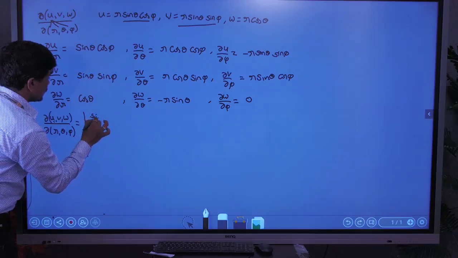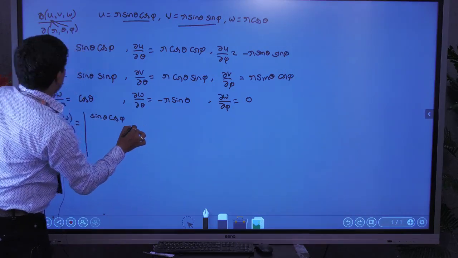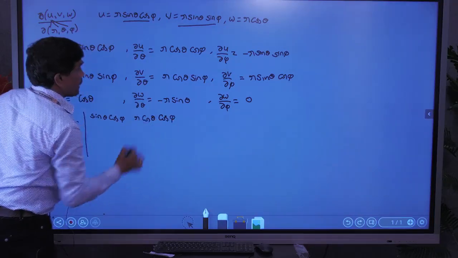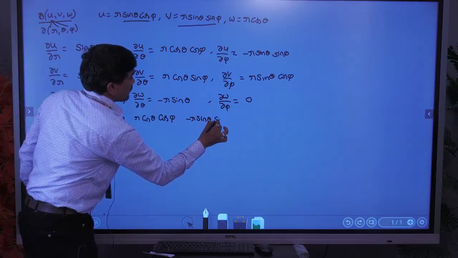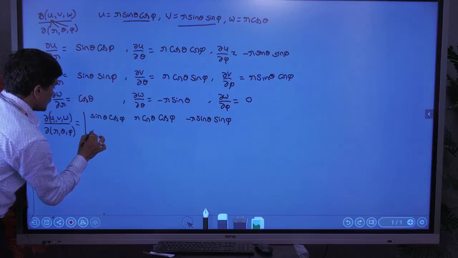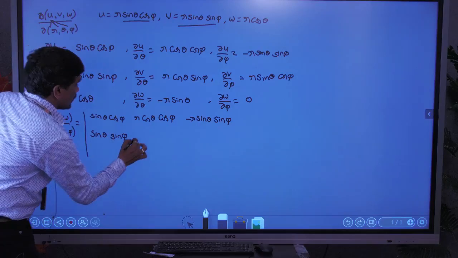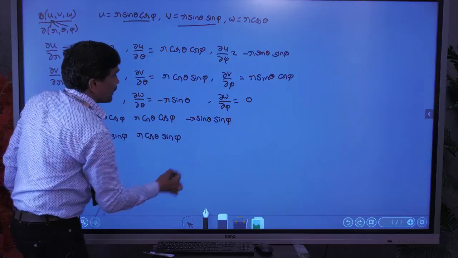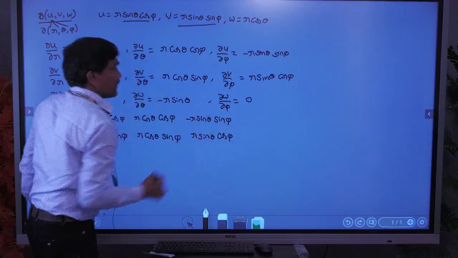The functions here: sin θ cos φ, next r cos θ cos φ, next minus r sin θ sin φ. Then for v: sin θ sin φ, r cos θ sin φ, next r sin θ cos φ.